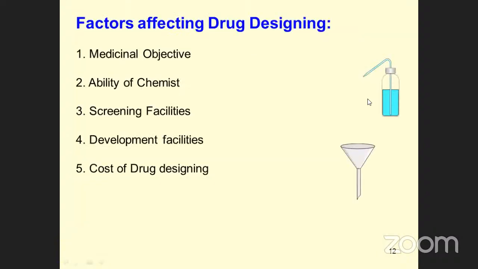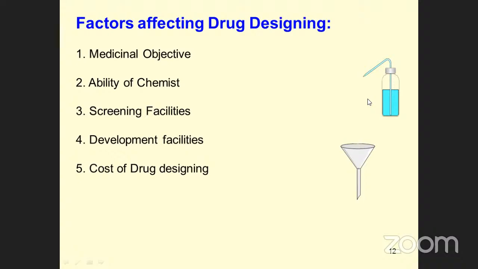Now, whenever we do drug designing, obviously some factors are there which we can control and some which we cannot. The first one is medicinal objective. Medicinal objective means whether you are designing a drug for bacteria, or a virus, or for tuberculosis, or for AIDS, or for corona.